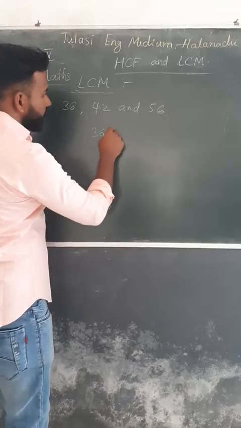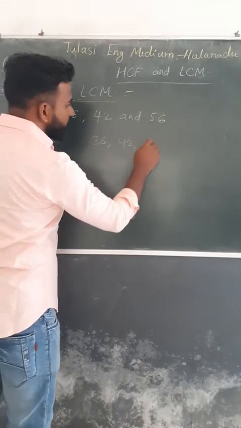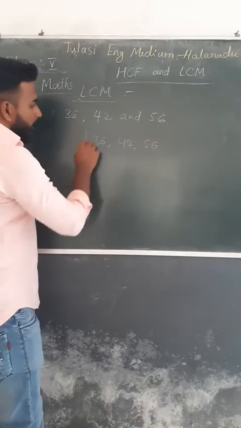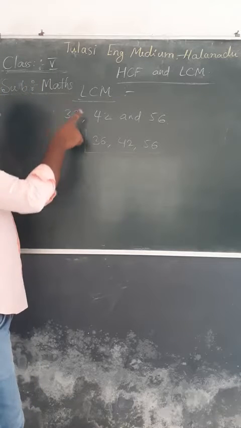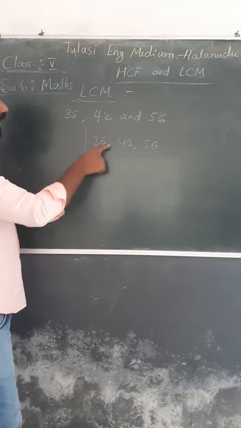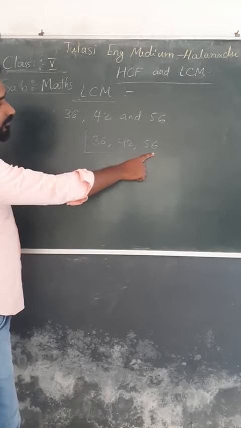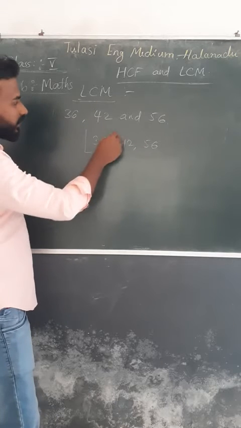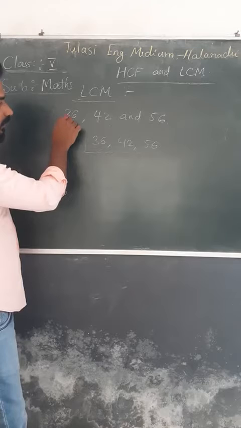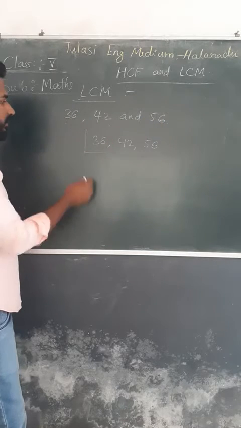See, unlike HCF, here we have to write all the 3 numbers together. In the HCF, we take the first 2 numbers, then the last divisor and the next number. But here it is not like that.